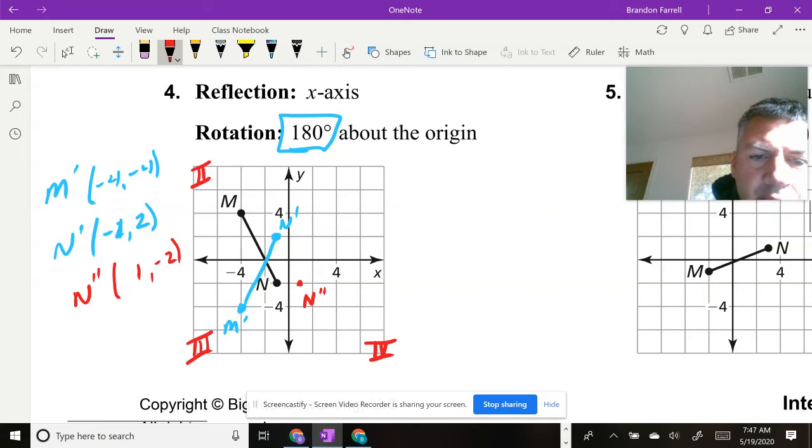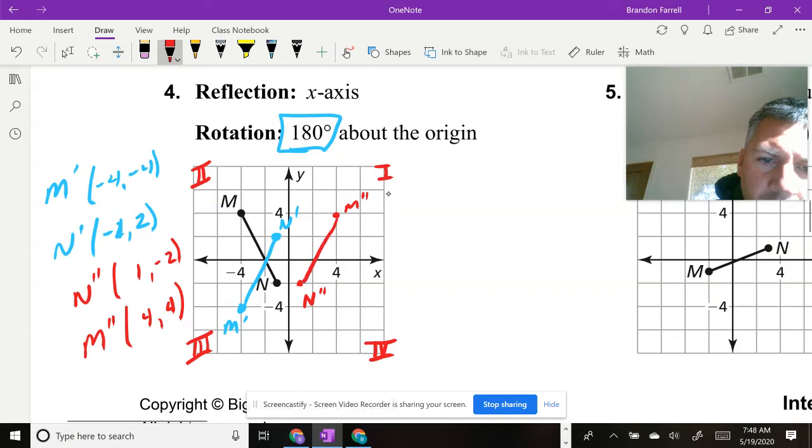Okay. And then what we have is m double prime, which is 2 switches. So it's going to be 4, 4. That's going to go to quadrant 1, which is positive, positive. So that 4, 4 is going to be right there.